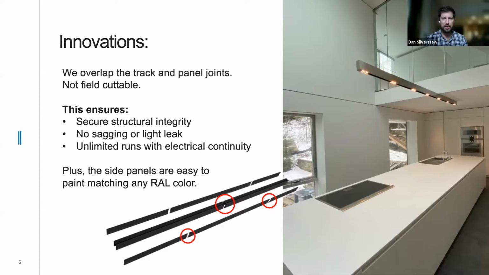What that means is that the track pieces can be extended indefinitely, and the outside pieces slide over the actual track itself, and we stagger the joints between the two sections. So you've got this core aluminum channel with outside pieces that slide on top of it and create a rigid structure without any visible light leak or sags, because the gaps overlap.